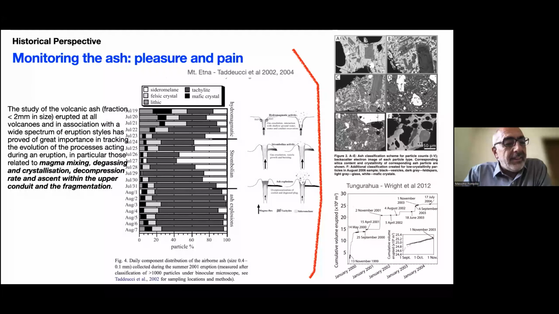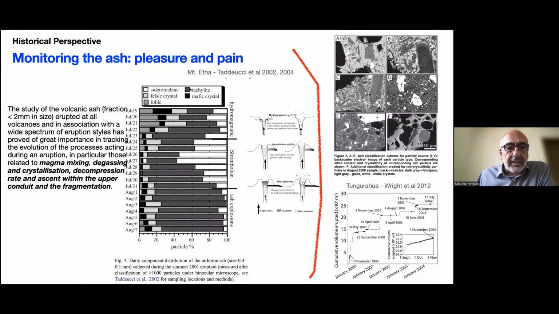So it's very easy to understand, but sometimes it's also a big problem. I will show now, rapidly, two different cases, one of which is Etna 2001, in which we measured the different components of the ash during the time.